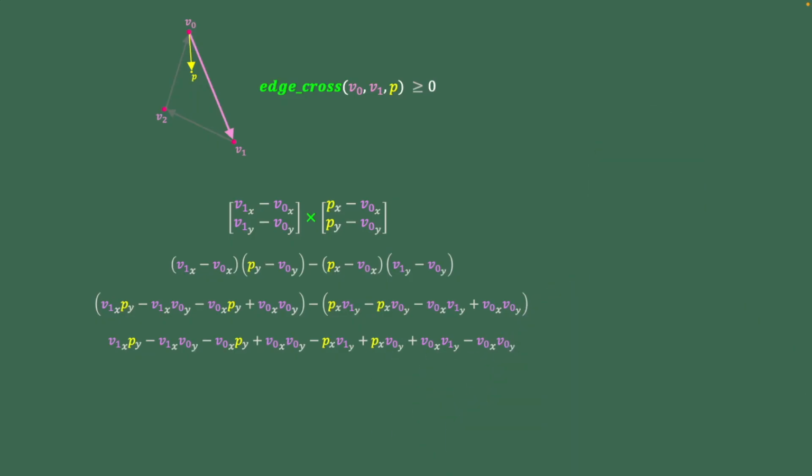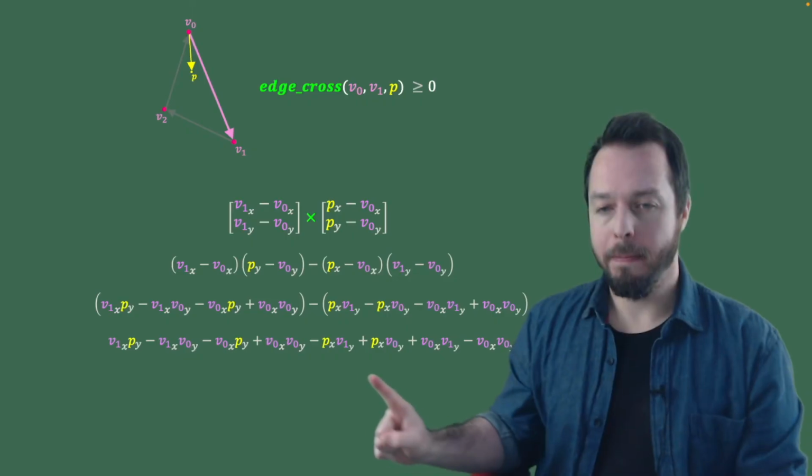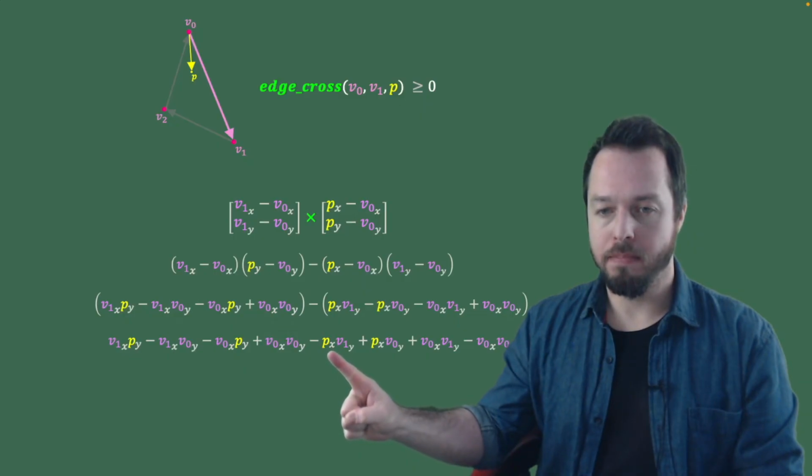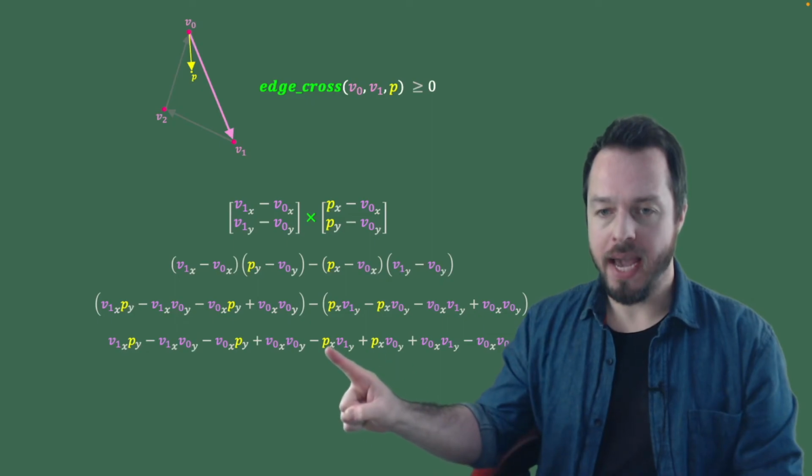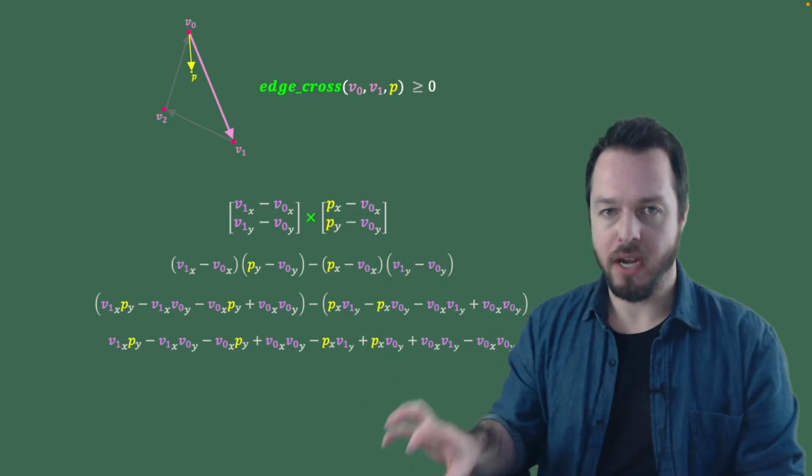Now that we have this thing right here, I want you to pay attention to the fact that we have Px multiplying both V1y and V0y. Since Px is multiplying both of these terms, I can factor Px out.